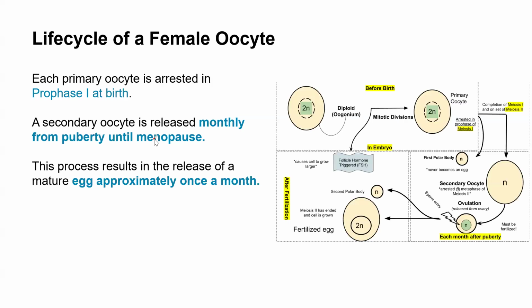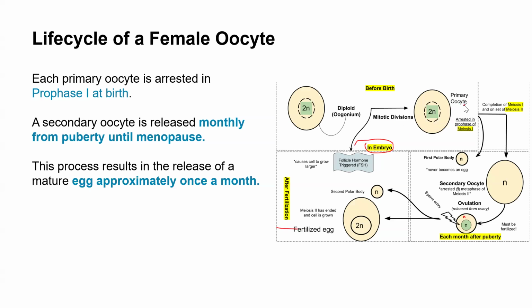So you see, before birth and the embryonic stage, then after fertilization, and then each one will be released. That is ovulation. The secondary oocyte will be released each month after puberty, which can be used for fertilization. So you see the oogonium before birth, there will be a mitotic division.